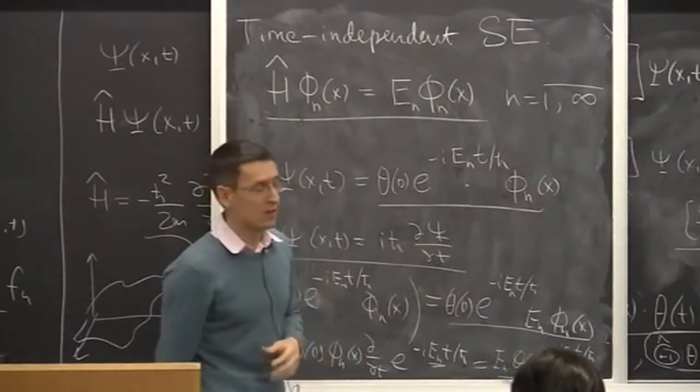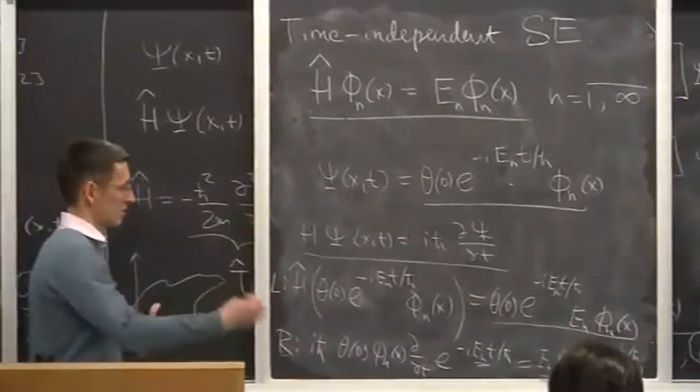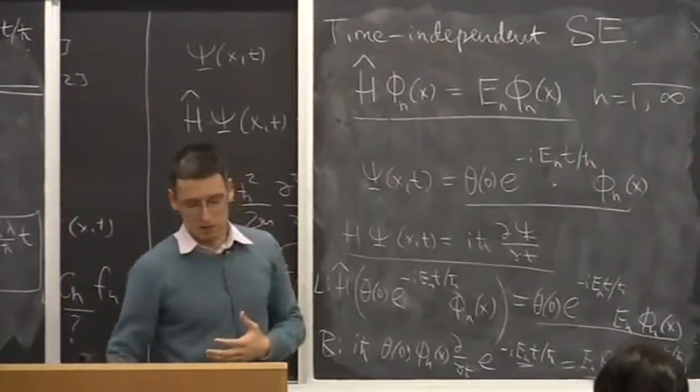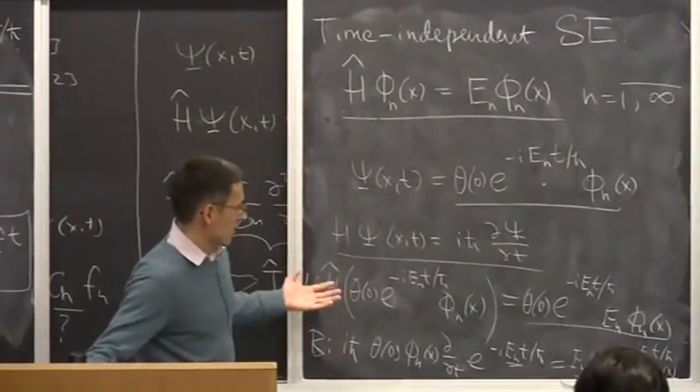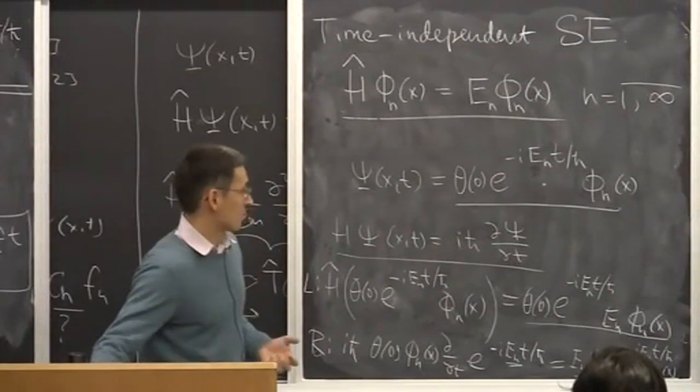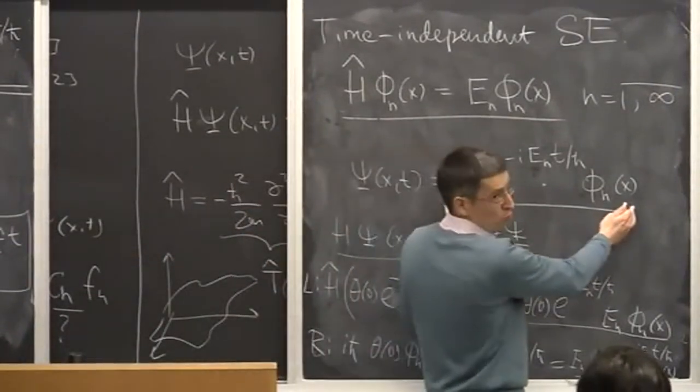So that's the balance of two forces, the one that comes out of x dependence and another that comes out of t dependence. So any product like that is a solution.